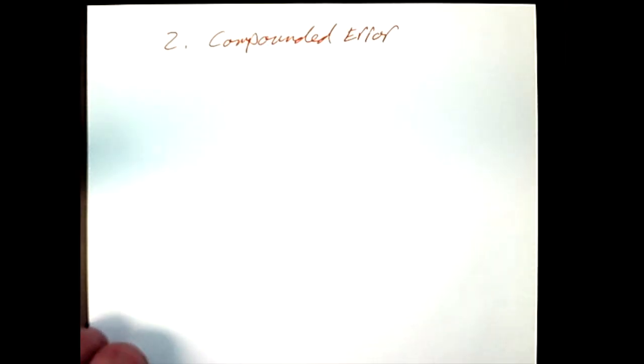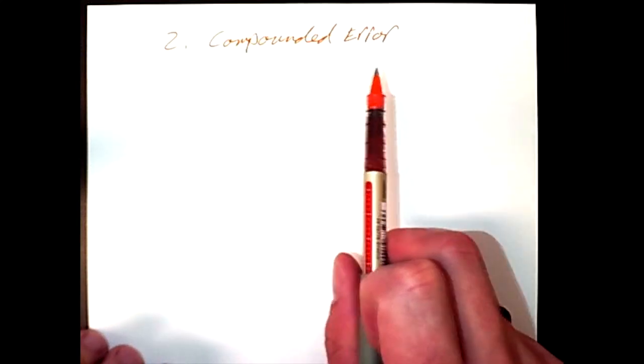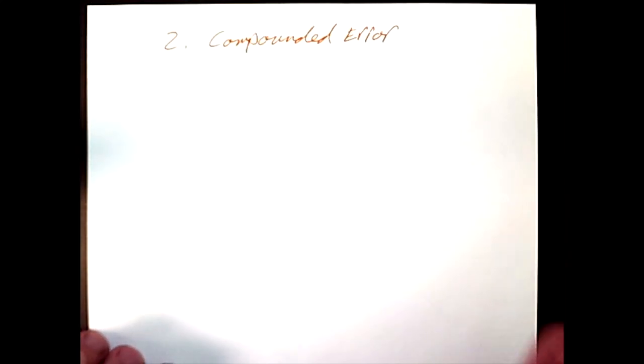The second application is compounded error or uncertainty. Compounded error or uncertainty is when you have the error, the uncertainty, built into a particular variable, but then you're going to use that variable to calculate another term, and you need to carry that measurement through.